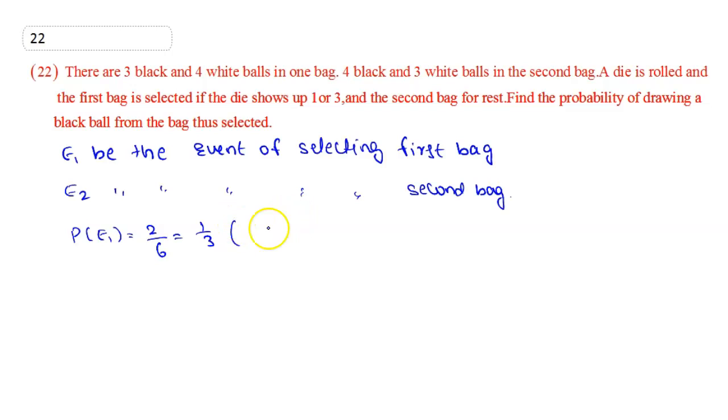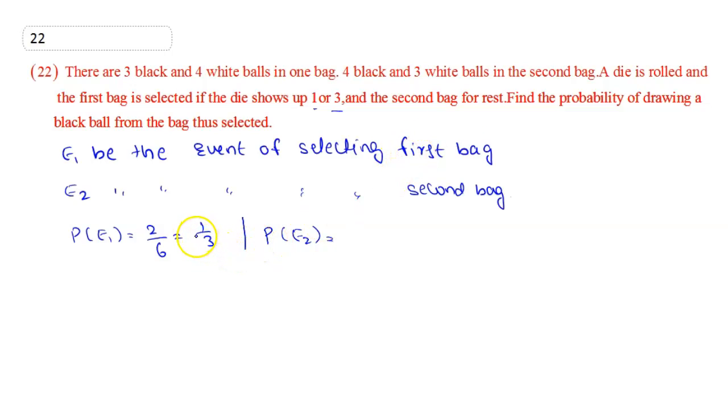How, in the sense? First bag is selected if the die shows up 1 or 3. 2 chances, no? So 2 by 6, right? Next here, same thing, P of E2: second bag for the rest, other than those conditions.